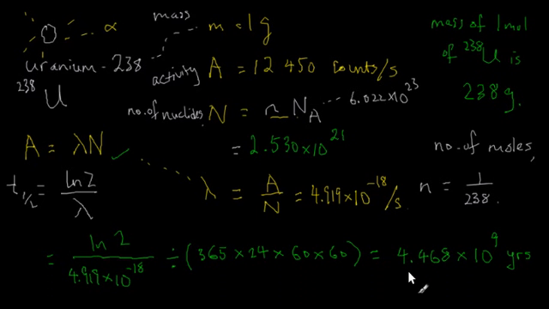So more than 4 billion years, and that is the half-life of uranium, which we don't actually have to wait 4 billion years to find out. We can find out using this method by measuring its activity and its mass.